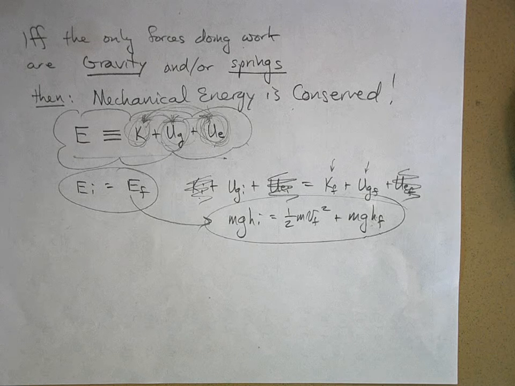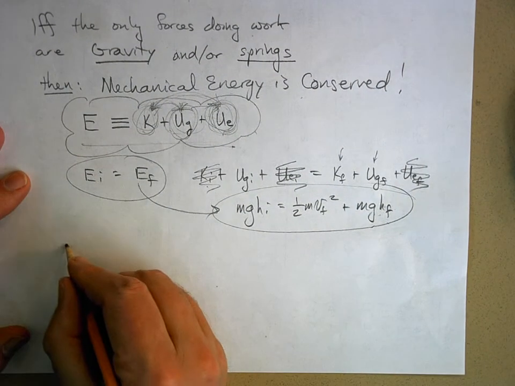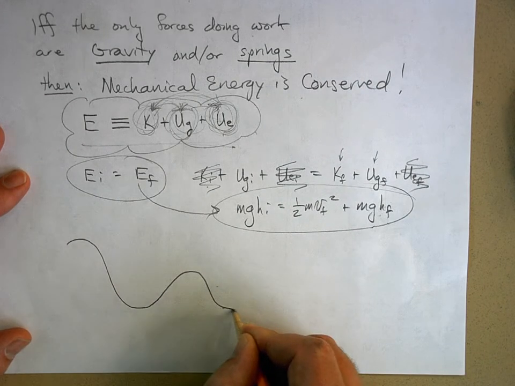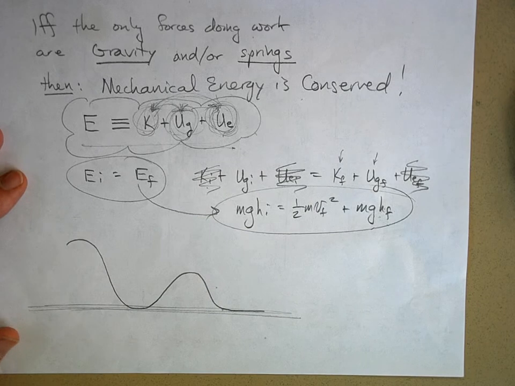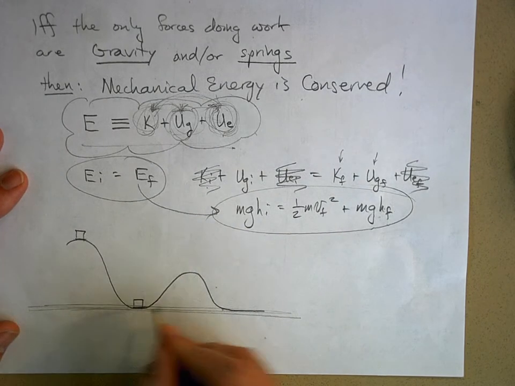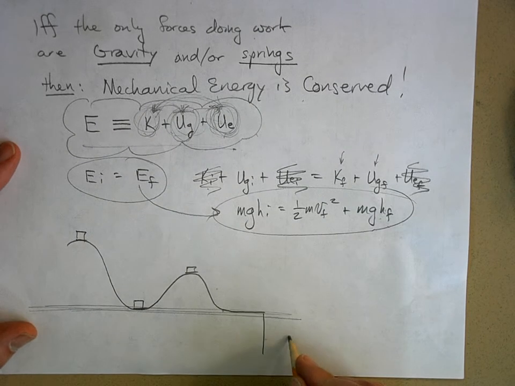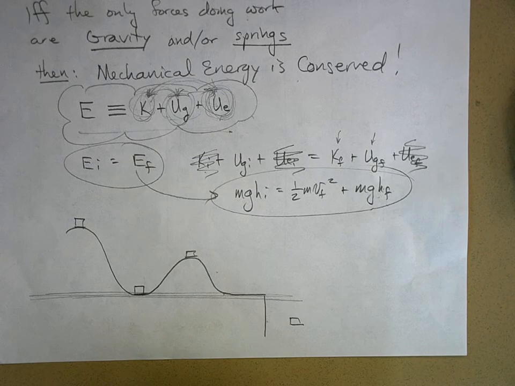For example, on the test, you will have a roller coaster problem. Okay? And given energy here, energy here, energy here, maybe energy here, if you fall off a cliff. The only force doing work in this roller coaster is going to be gravity.